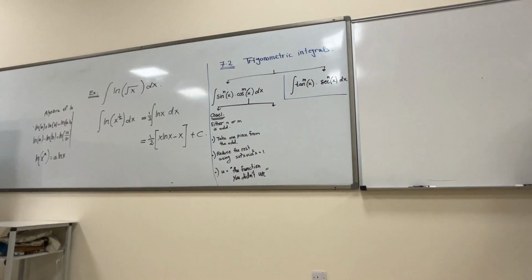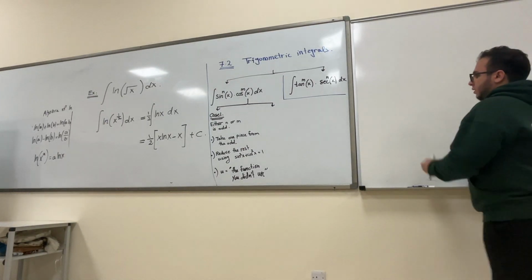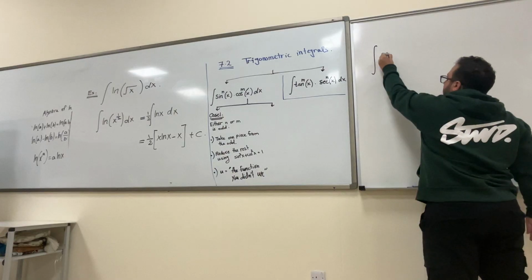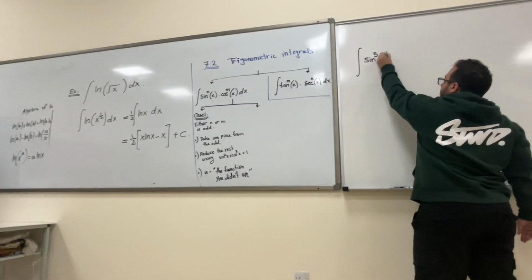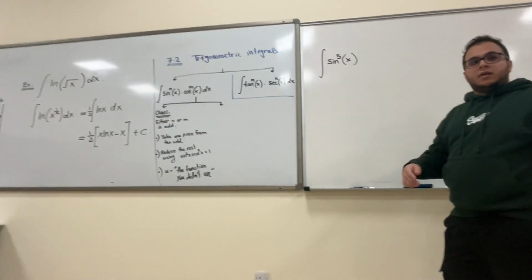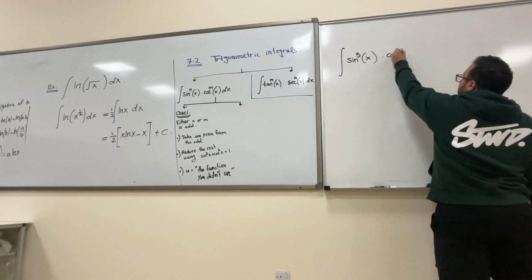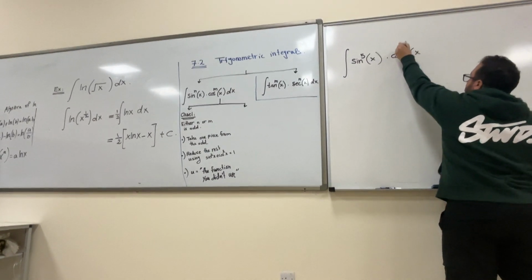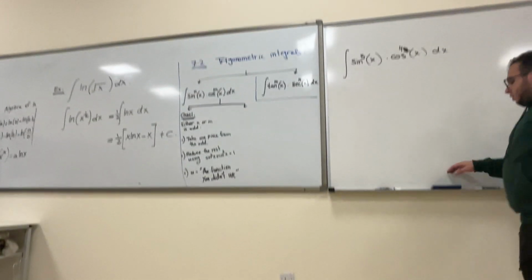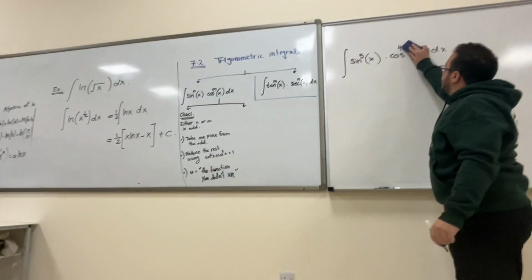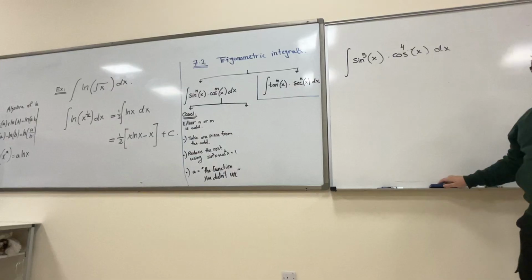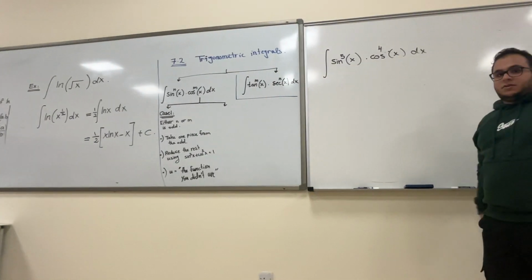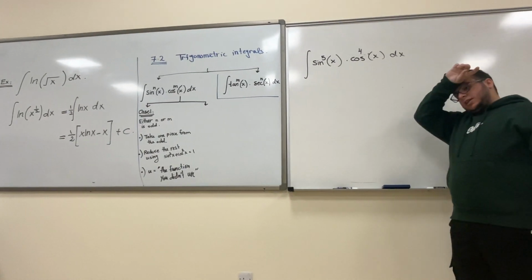So let's say I have the integration of sine power 5x times cosine power 3x, let's say 4. Now, can you see an odd power? Yes, I can see an odd power.